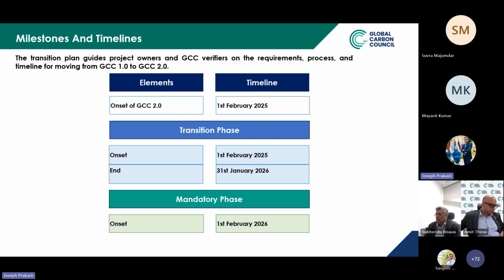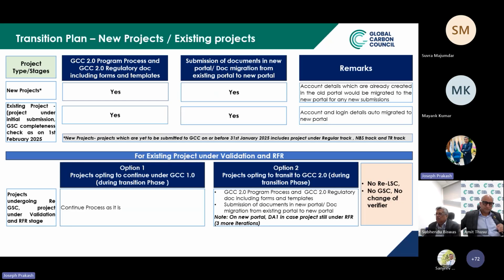Now, as Shubhendu mentioned, just to reiterate which ones are mandatory, which ones have options, and how to do it: any new projects or new submissions of A1 category or A3 category put up in GCC after 1st Feb 2025 would be in GCC 2.0 and in the new portal.